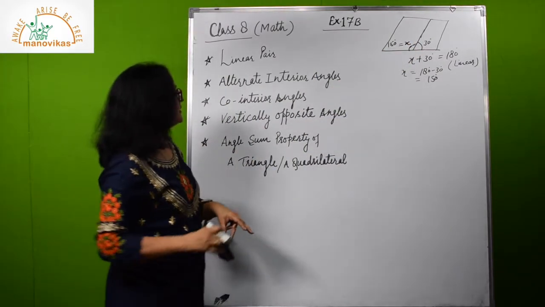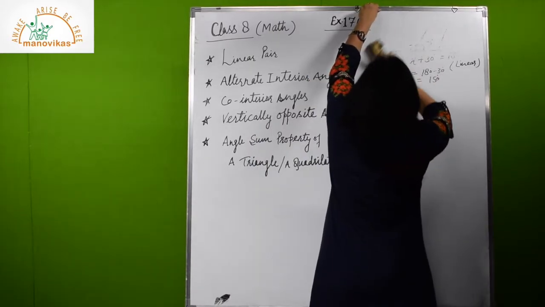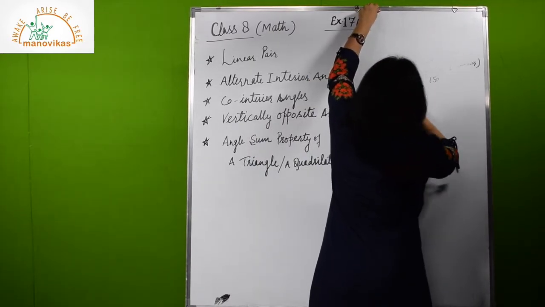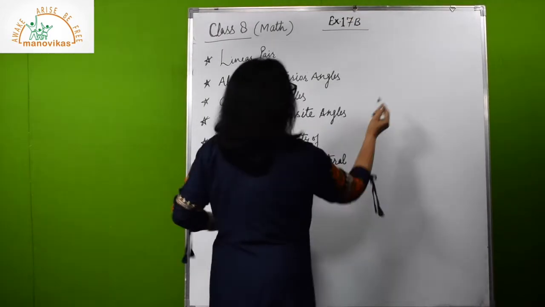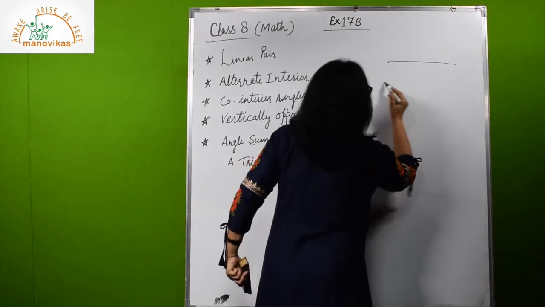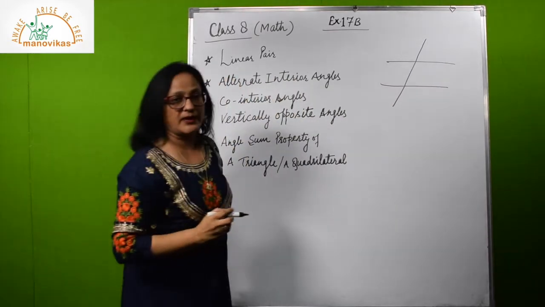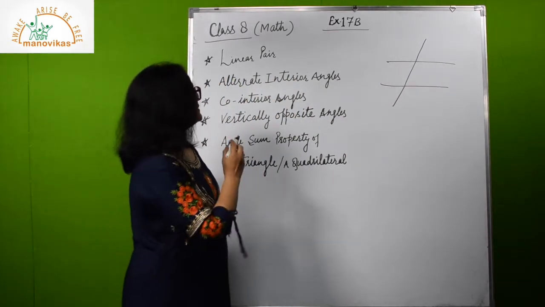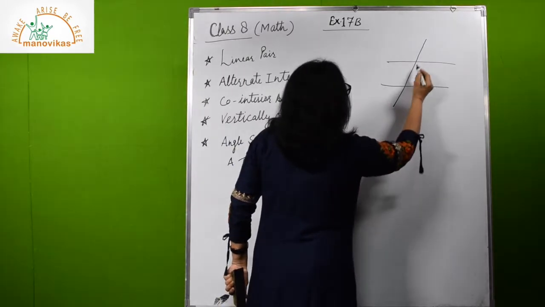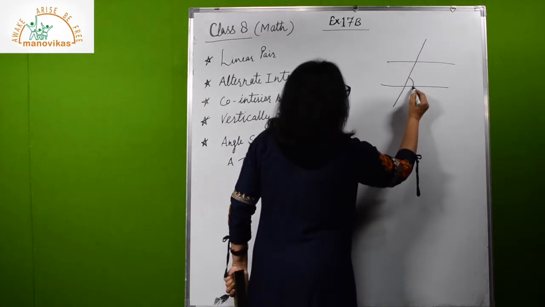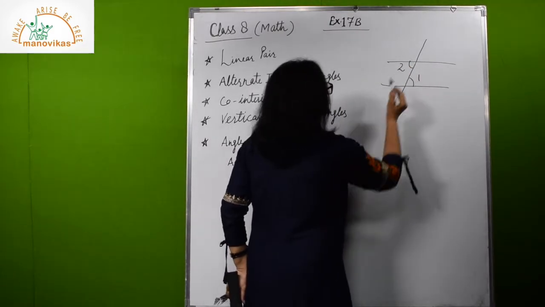Another type of the angle that you should think about is alternate interior angles. So alternate interior angles, if you remember, this is formed by two parallel lines which is intersected by a transversal. Then such angle is formed. So what are alternate interior angles? If these are the parallel lines, this angle is 1, this angle is 2.